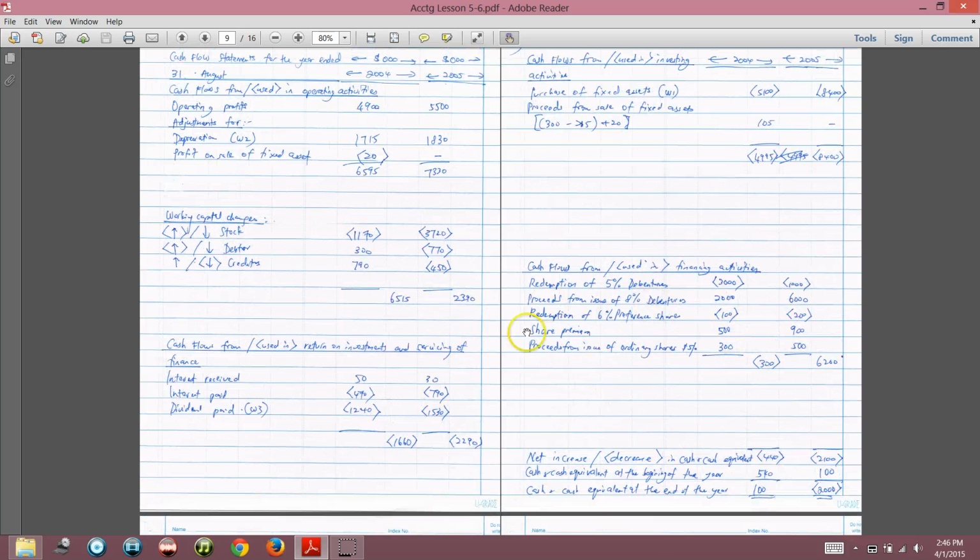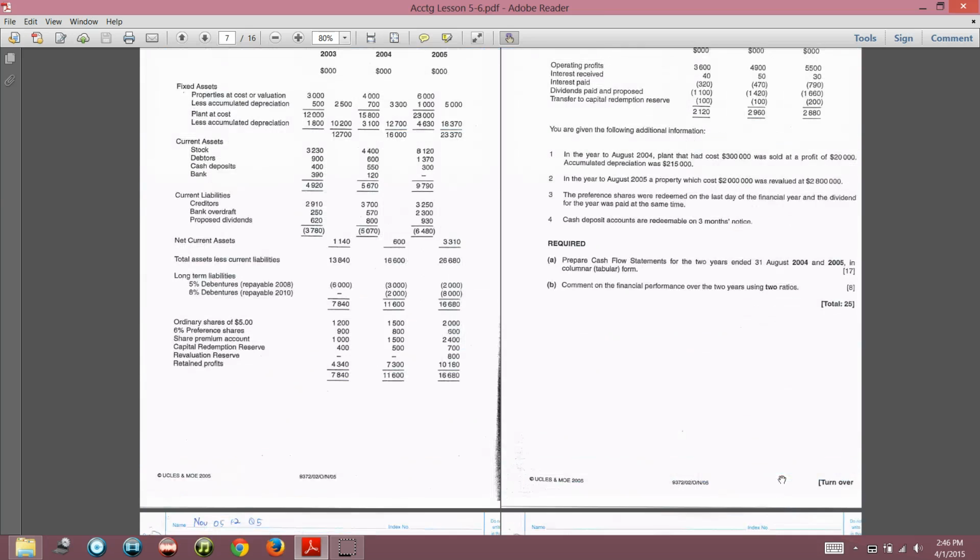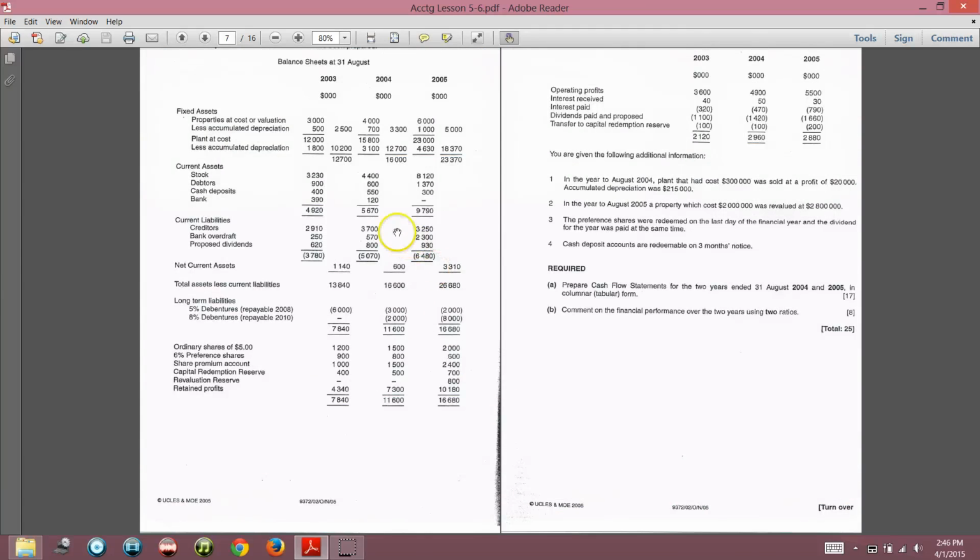Okay, so all these figures I've done. So this one, cash and cash equivalent at the beginning of the year, actually I can do up this part because I can get the number here. You see, cash deposit is a cash equivalent, bank is a cash equivalent, bank overdraft is a cash equivalent. Okay, so can you calculate this 400?